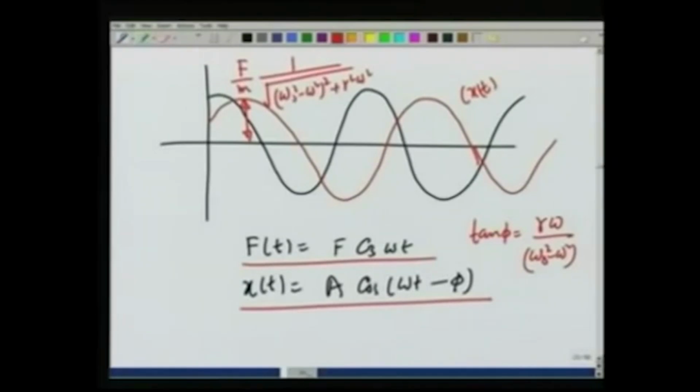The solution has a nice geometric interpretation in terms of phasors. Let us see, at time t equal to 0, I am applying a force which is in the horizontal direction. The net displacement is behind this by an angle phi. This is the net displacement in this direction.